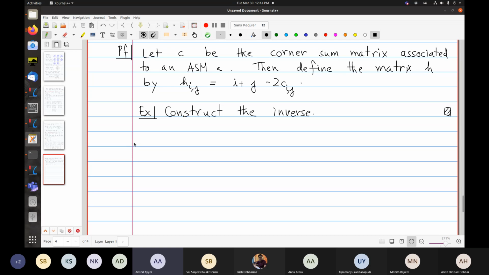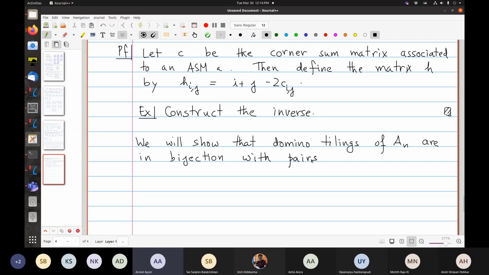So we will show that domino tilings of A_n, sorry, A_n, remember, was the Aztec diamond region of order n, are in bijection with pairs A, B, where A is an ASM of order n and B is an ASM of order n plus 1.